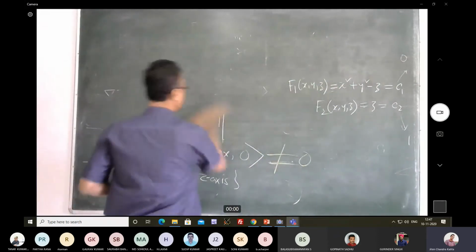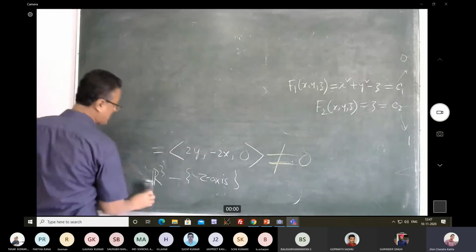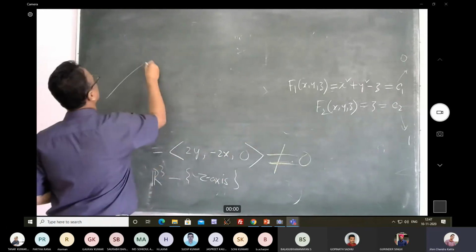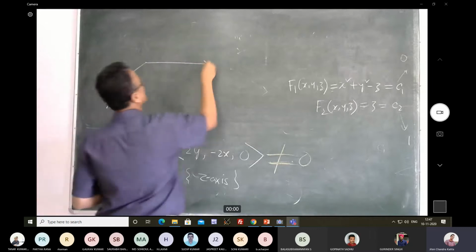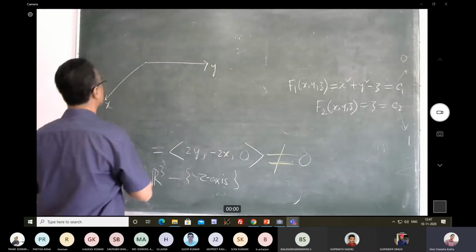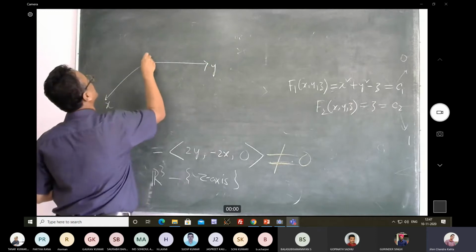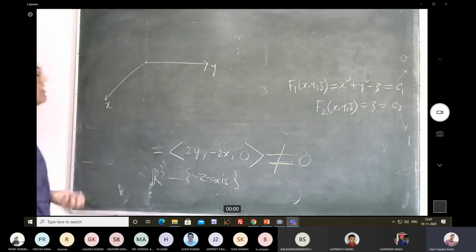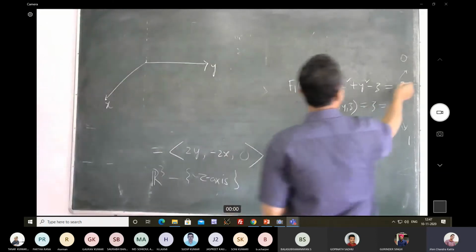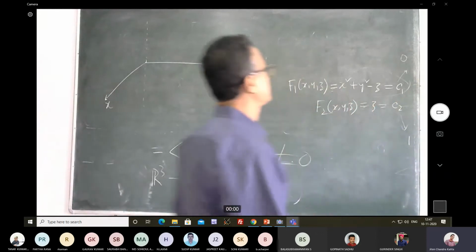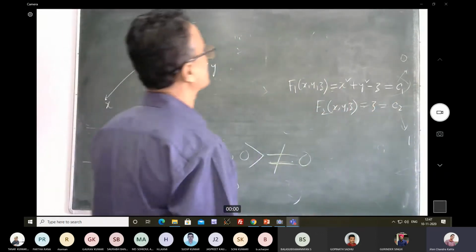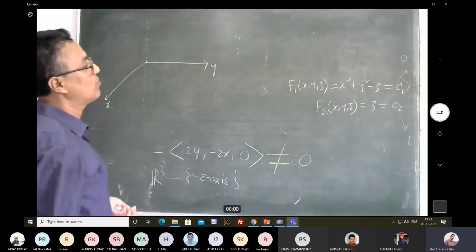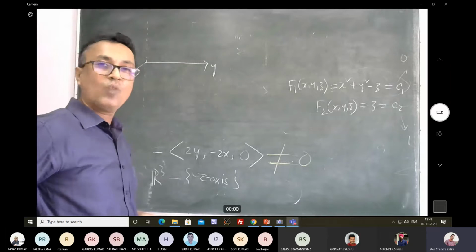Now let us see how the surfaces are going to look. This is X, this is Y, and since I'm going to avoid the z axis, let me do something like this. If I simply take this, then z plus C1 is going to be x squared plus y squared.